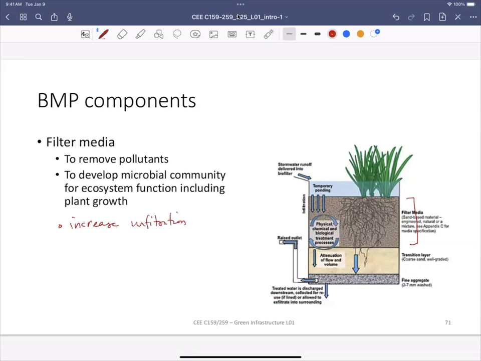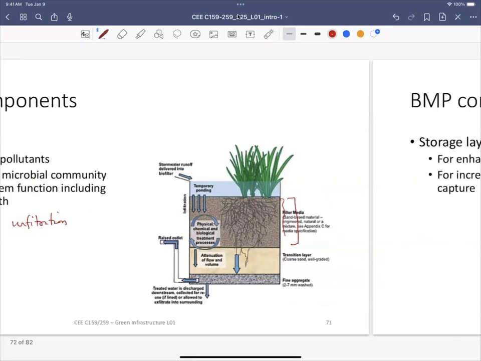That's why a lot of times the filter media could be a combination of sand and biochar, activated carbon, or some kind of reactive media. Because of this media, they can also create conditions for a microbial community to grow, and so you can control that to degrade the pollutants.